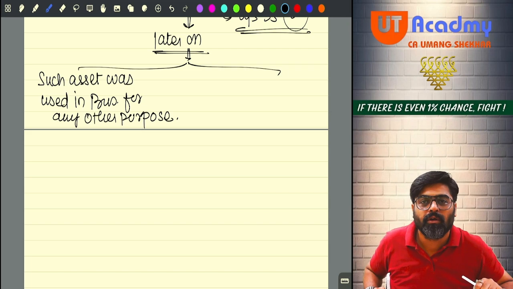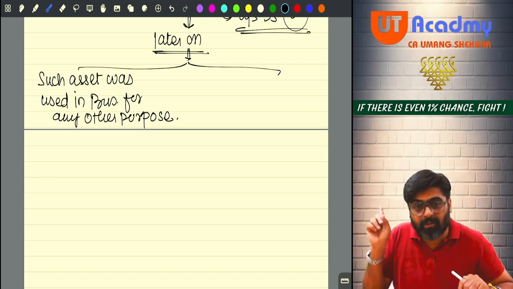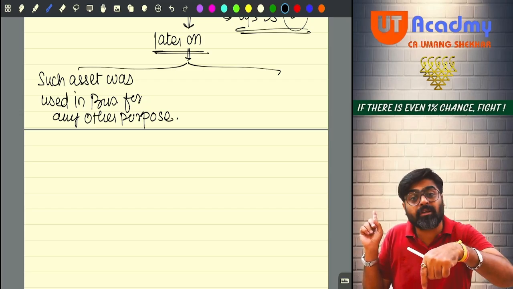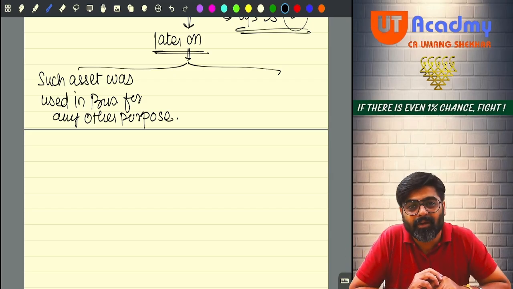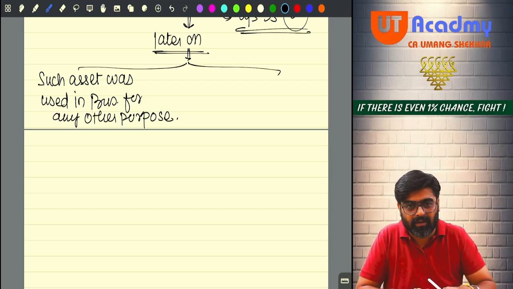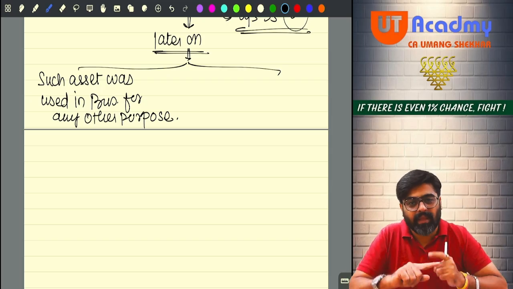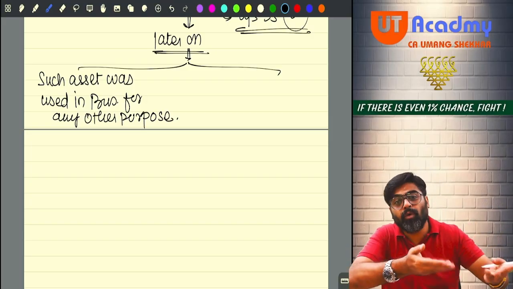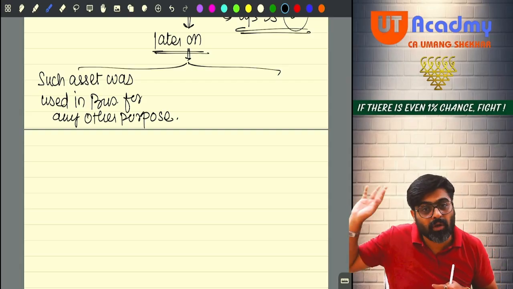So where are your assets which are used for normal business operations? They are in the block. So you'll have to bring that asset to the block, meaning this asset will be an addition in the block. During the previous year, you have some opening value of the block, and in that you will add additions, new assets coming into the block which are going to be used for your normal business operations.